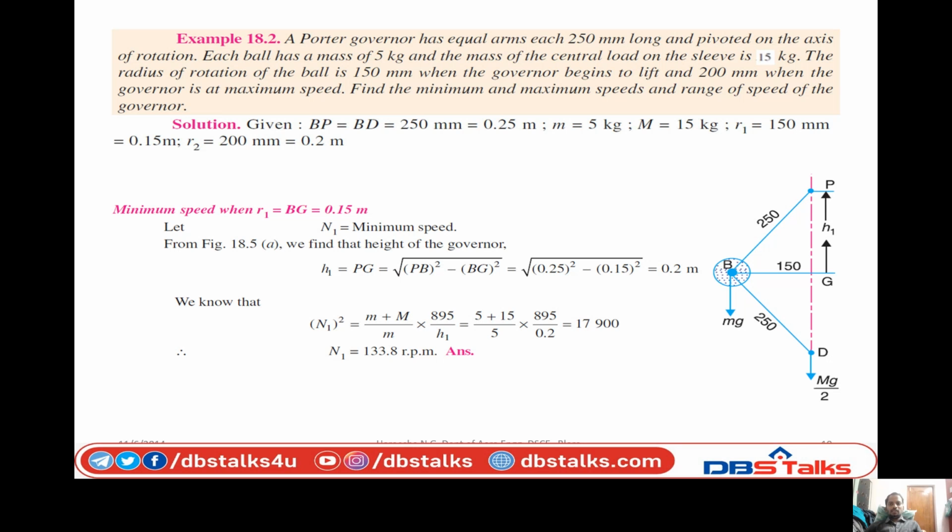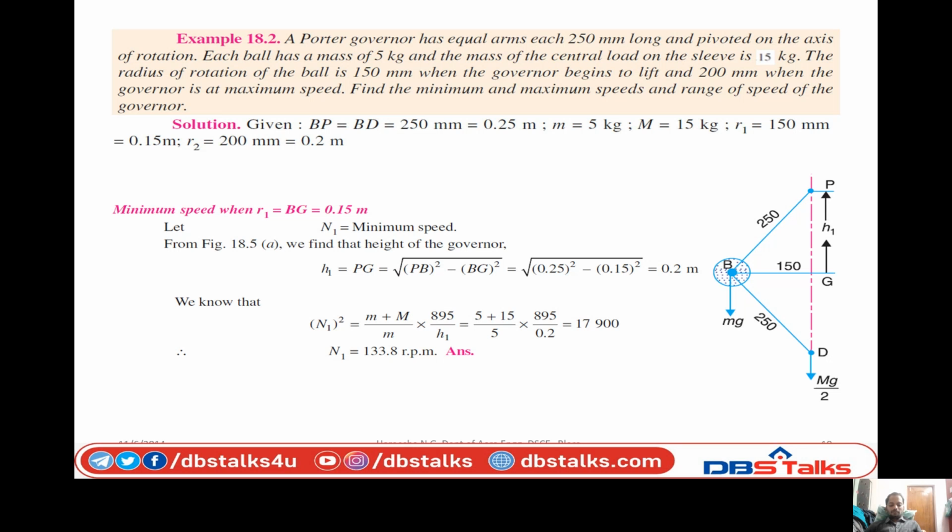While we are reading, we have to clarify the sentences. So when the governor begins to lift, the speed is 150. That is, r1 is equal to 150, and it reaches the maximum speed, r2 is equal to 200 mm.